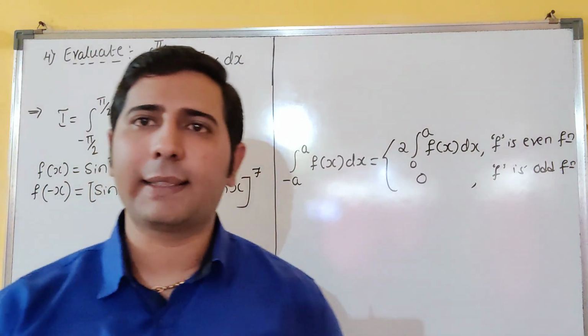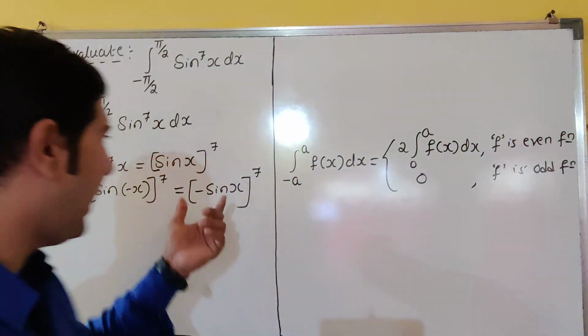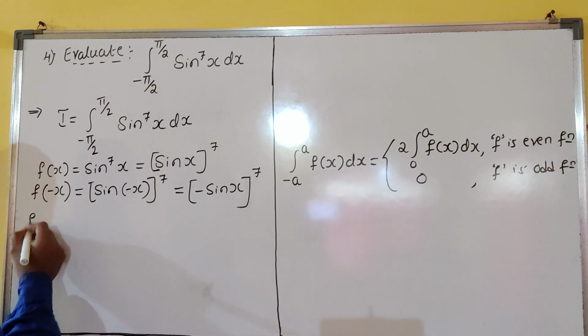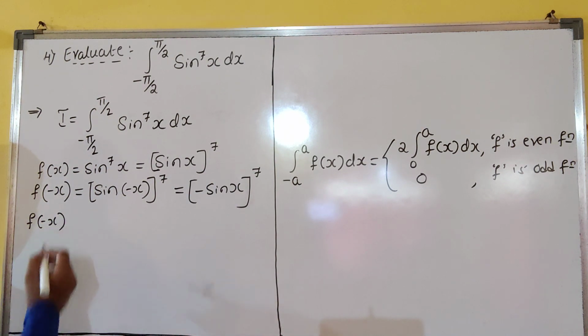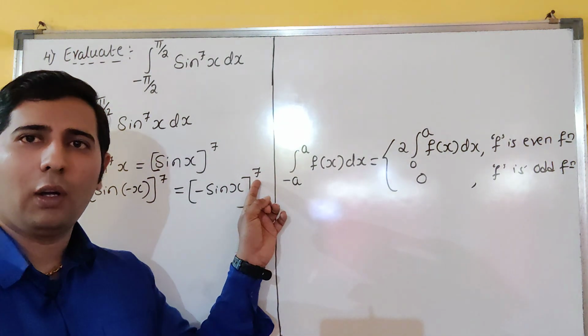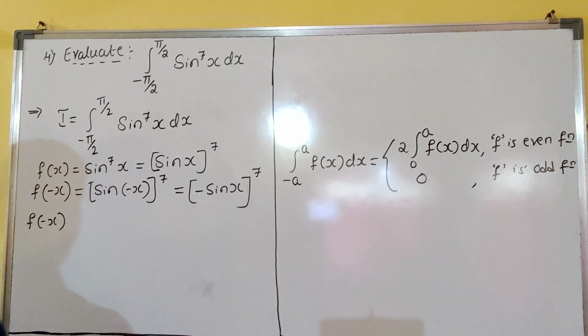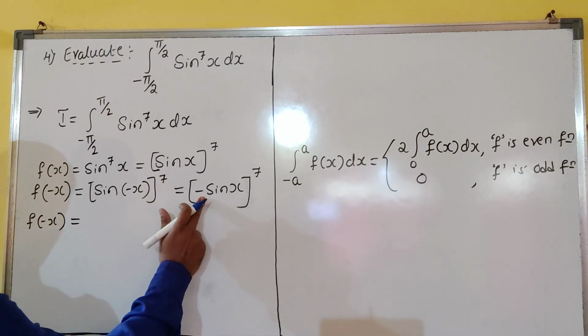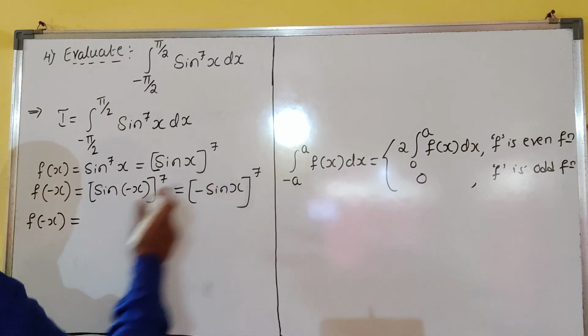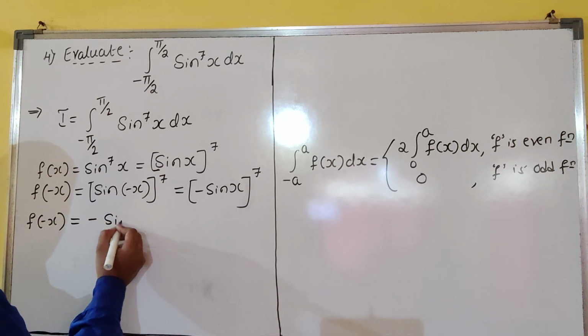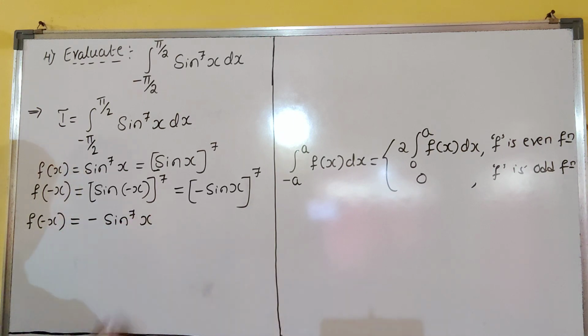Sin of minus x is minus sin x, just now we have solved. So is it odd or not? Above, the power or degree is 7. Odd means it will open with a negative or not? Minus sin x raised to 7, minus sin raised to 7x.